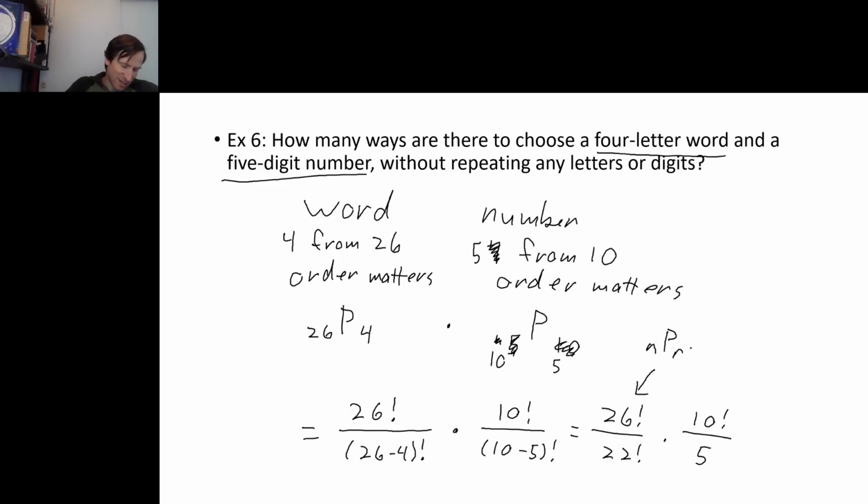So I can do 26, then my permute button, 22, and that gives me a huge number, and then times 10 permute 5.